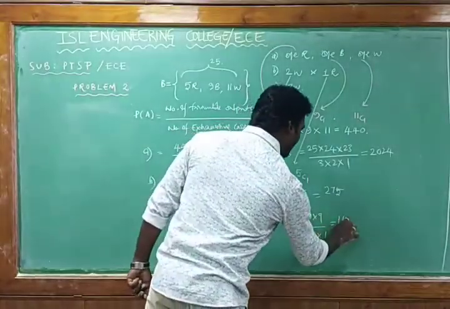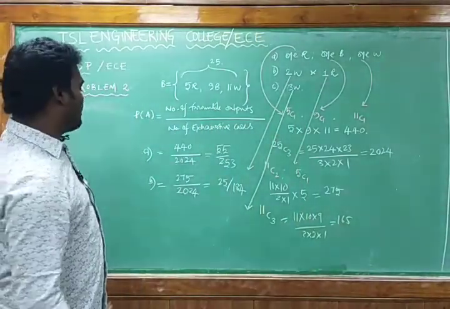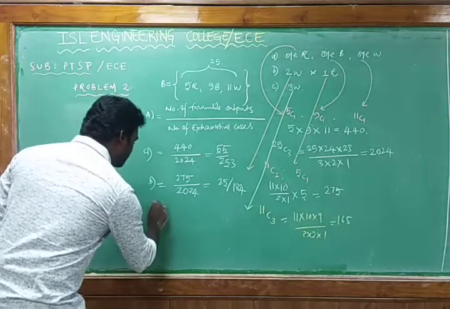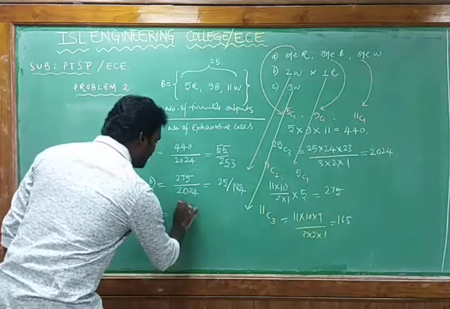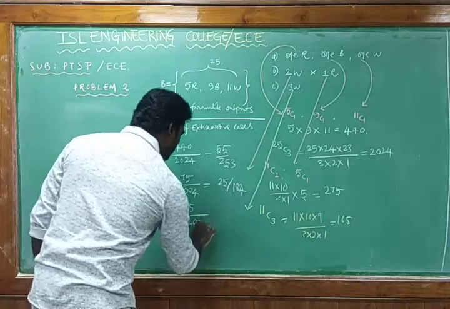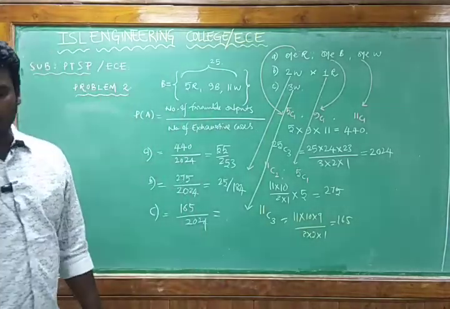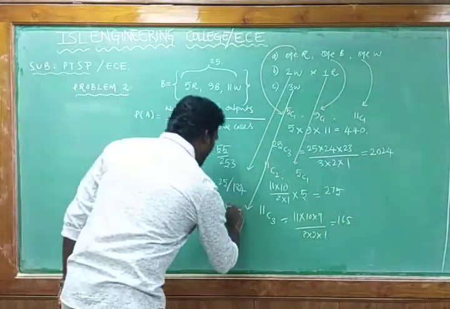We get 165 by the total number of exhaustive cases, which is 2024, and the answer is 15 by 184.